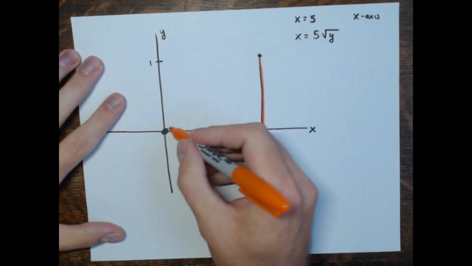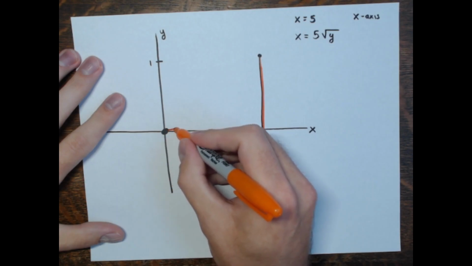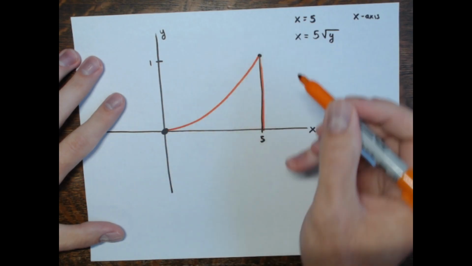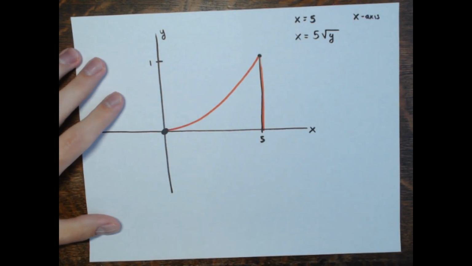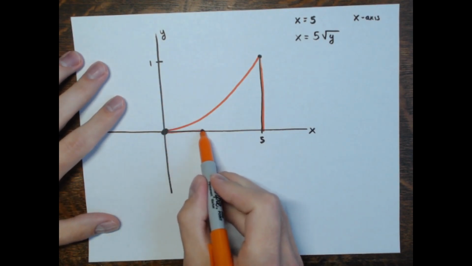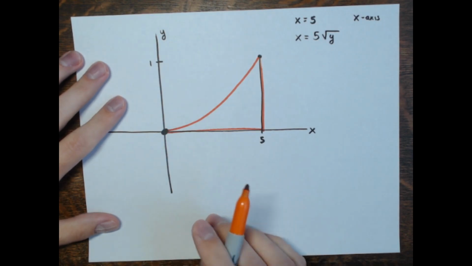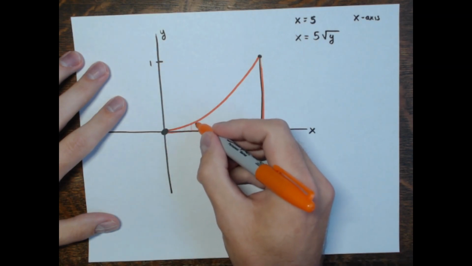So it's some parabola opening up like this, or this part of that. And also the x-axis. There's our region. Still checking here: y equals x squared over 25.